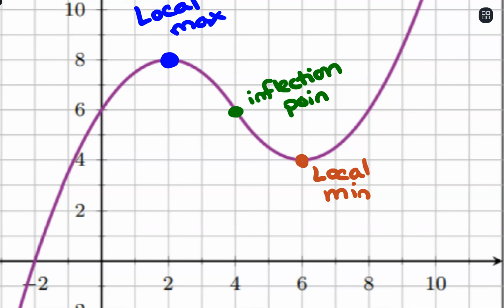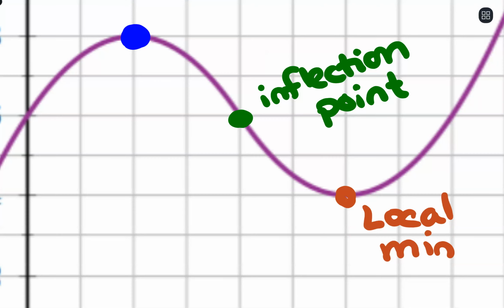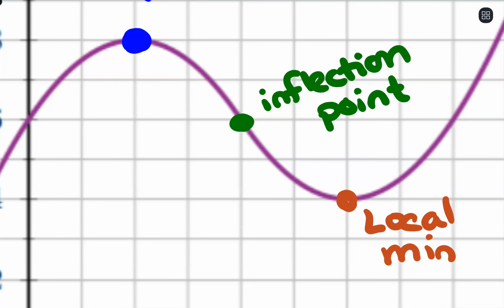So if we zoom in on this point, and it's going to be very, very subtle, but the idea is this curving down, and then once we switch this point, it starts curving upward. So visually, we're getting a change in curvature from opening downward to opening upward.